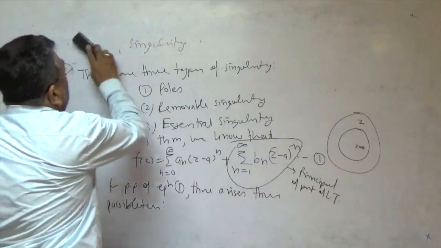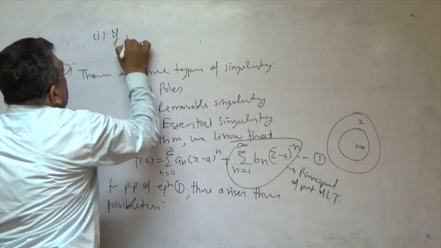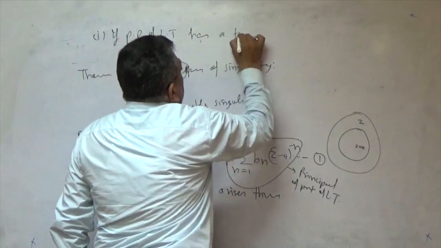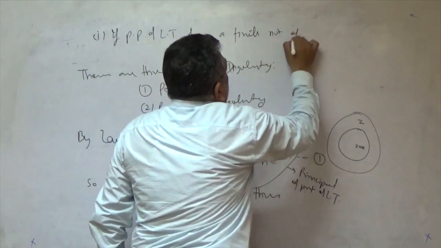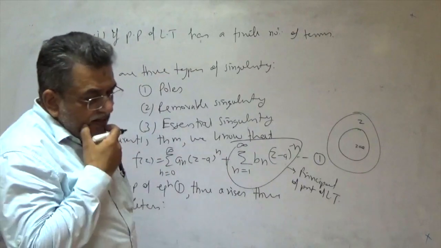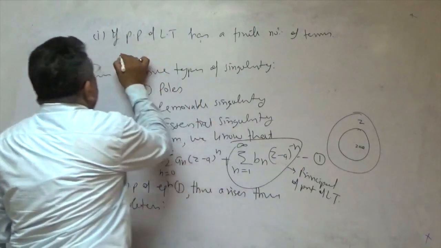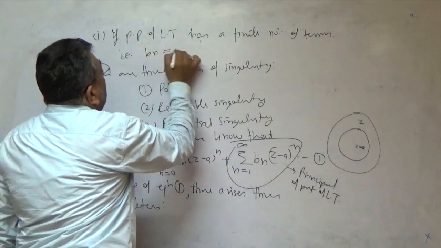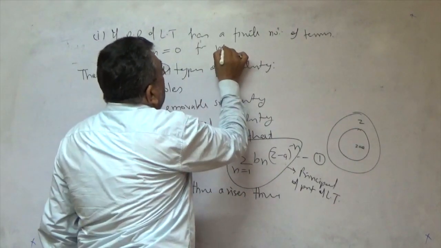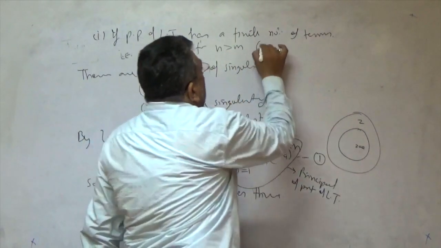If we take the first possibility, that the principal part of the Laurent theorem has a finite number of terms, that means b_n is 0 for n greater than m, where m is any number.